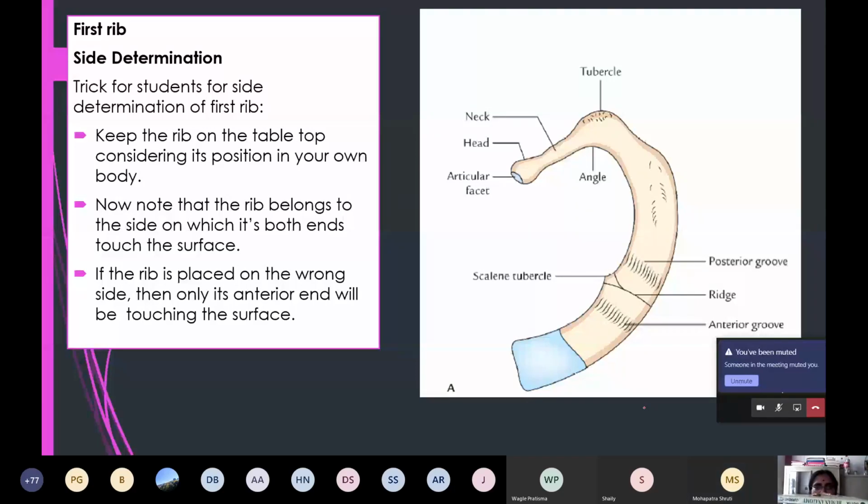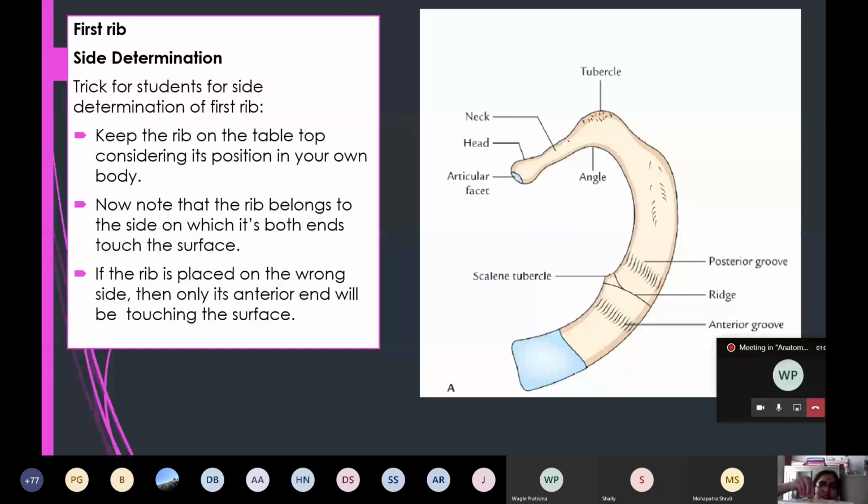Yes, ma'am. Now, when you put the first rib on a flat surface or any table, what happens? The vertebral end and external end touch the flat surface. This is how you can tell this is on the right side.